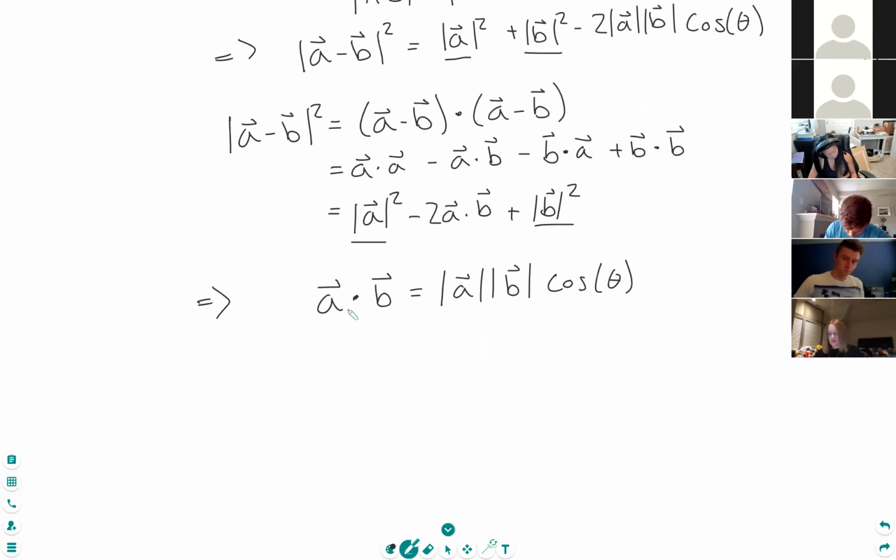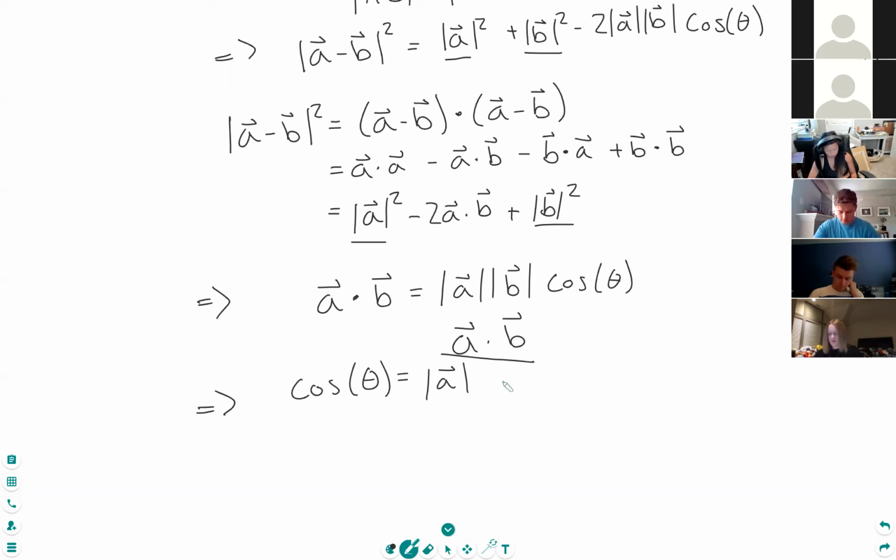So what does this tell us about the dot product? Well, imagine that we were using this to solve for cosine theta. I can say that cosine theta is equal to the dot product of A and B over the magnitude of A and the magnitude of B, right?